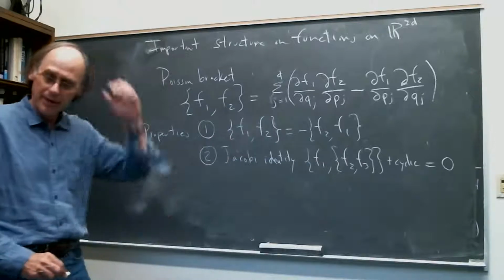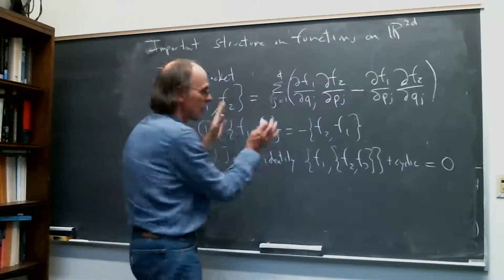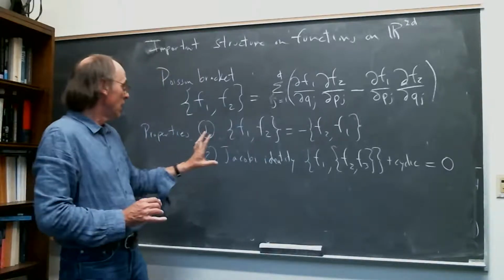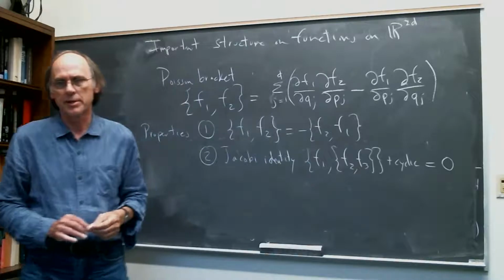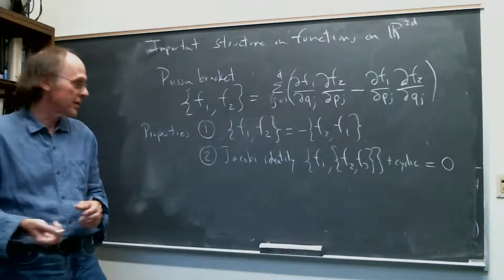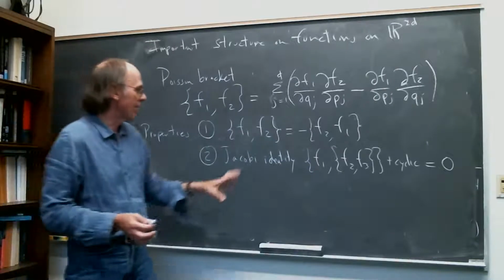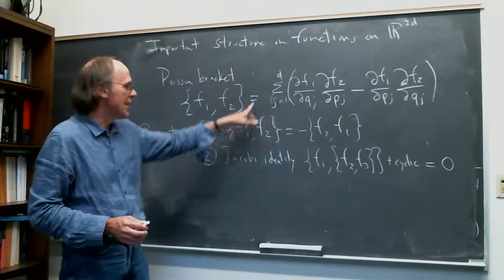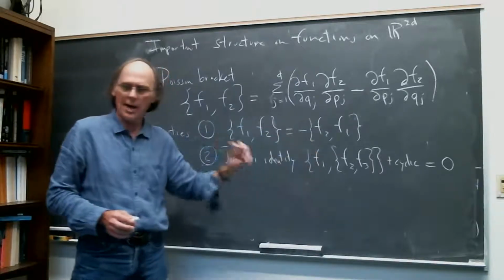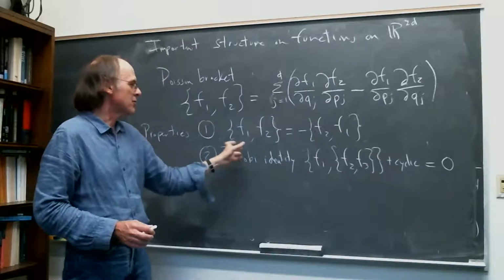Okay, but then the thing to realize, and historically, people were doing this before they knew about Lie groups and Lie algebras. It's interesting that the first examples of Lie groups and Lie algebras came from people looking at this bracket and the properties that it had, and saying, wait a minute, those provide a really interesting structure.